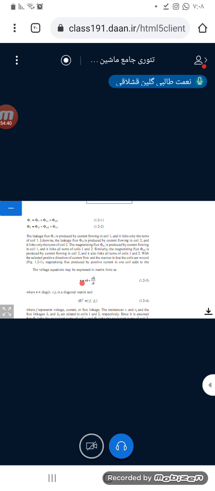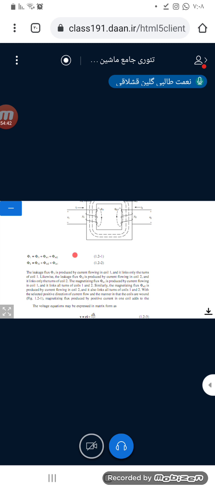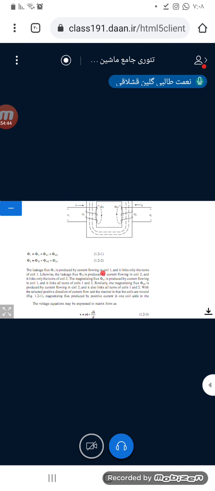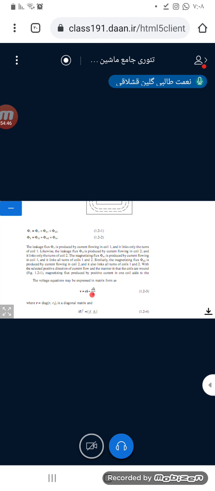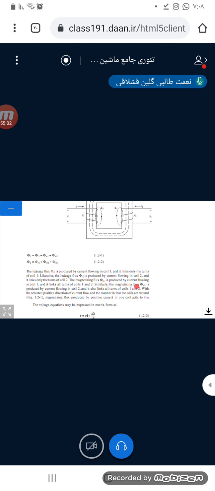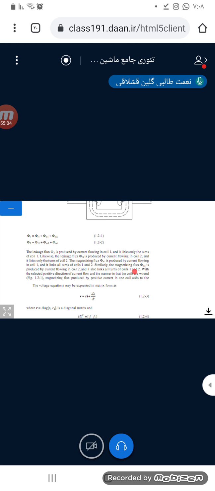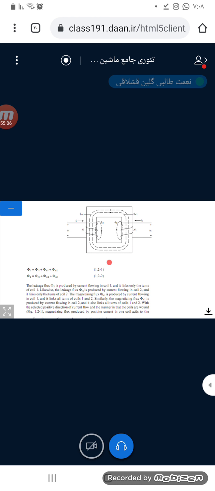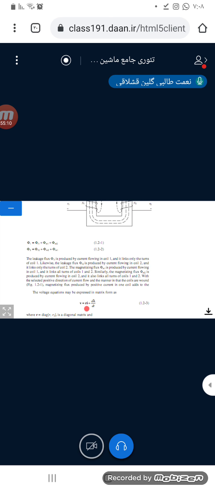This is a visual format for writing KVL along these circuits, because it's a vector or matrix format for writing KVLs for a circuit or for some circuits, 1, 2, 3, 4, and many circuits may be combined over this magnetic circuit.